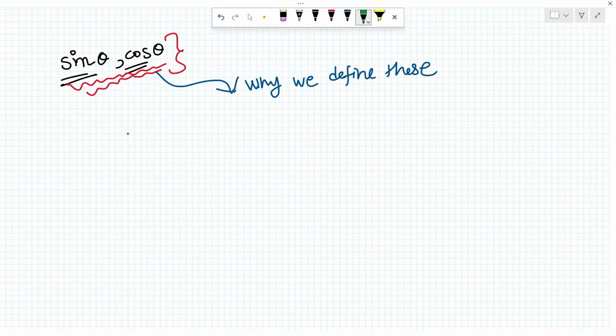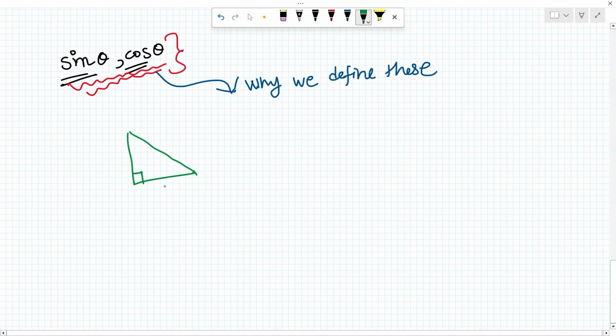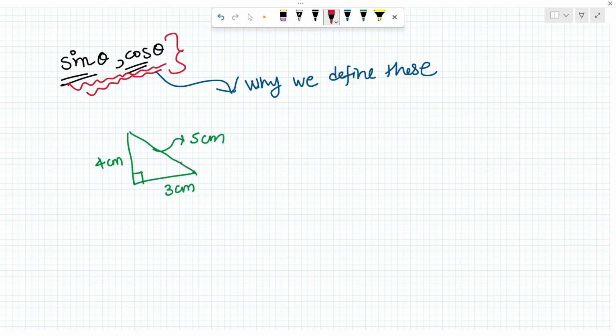I'm going to draw a right angle triangle, the one that we have already discussed earlier. A triangle having one side as 3 centimeters, one side as 4 centimeters, and as we solved earlier by Pythagoras theorem, this must be 5 centimeters. Don't worry about where I'm getting the values. Let us just say I drew such a triangle and measured the angles. So this is 90 degrees.